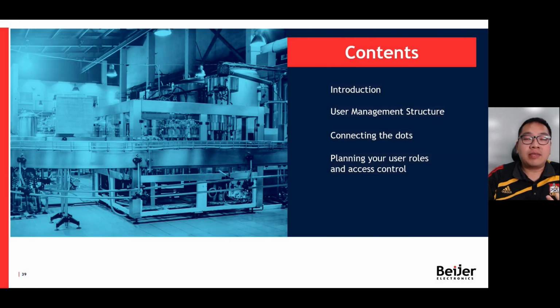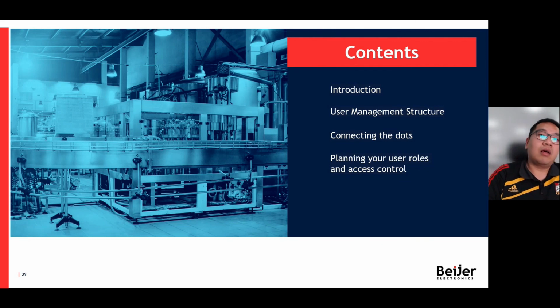What we went through today is the introduction of the user management structure. We talked about the groups and the roles. We talked about how to connect all the different dots together in terms of how groups, roles, and access categories work and how that affects the user.